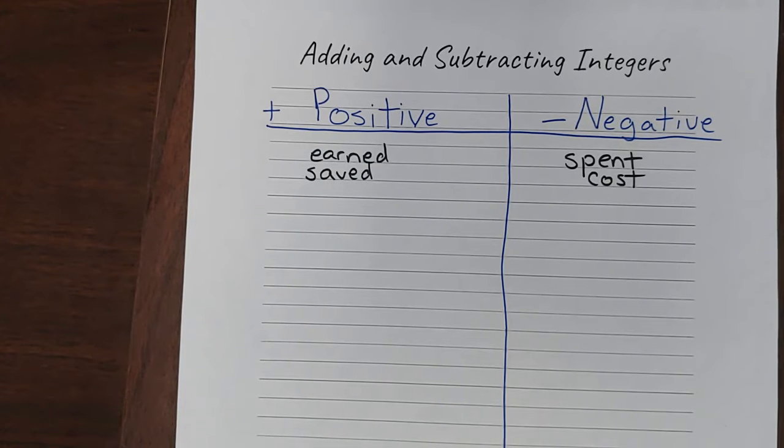You may even have saved and spent in the same problem. But these would usually be together. So if something costs something, that means you had to spend money. So it'll be a negative as far as your finances are concerned. Whereas if you're saving it, that means you're putting it away and you're keeping it.